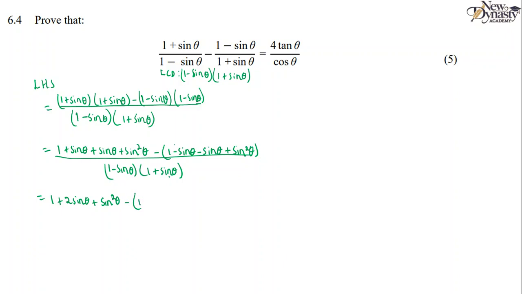So that is going to be 1, negative sine theta minus sine theta, that is going to be negative 2 sine theta. And 1 minus sine theta over 1 plus sine theta. It's going to be a very long calculation, but it's worth it. That's 5 marks.